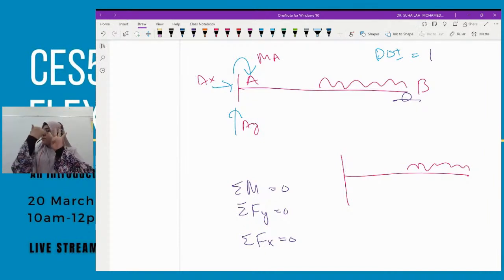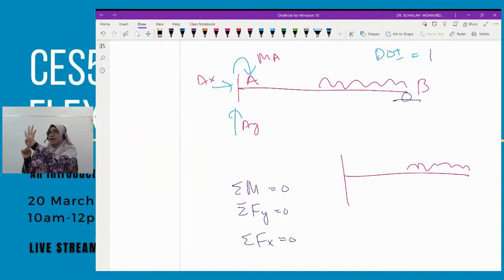Can we calculate these 4 using 3 equilibrium equations? No. So minus 3 that can be solved using 3 equilibrium equations, the remaining one is the redundant. That is the idea of the flexibility method.